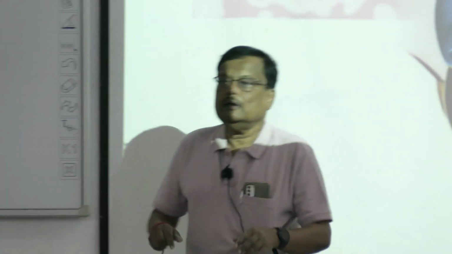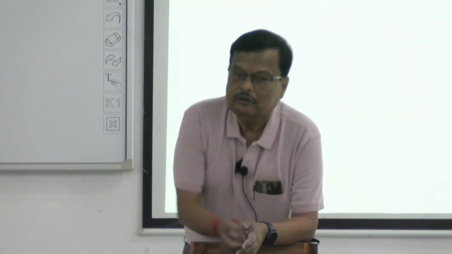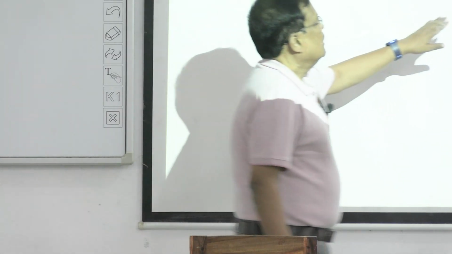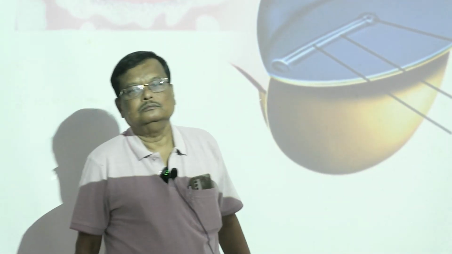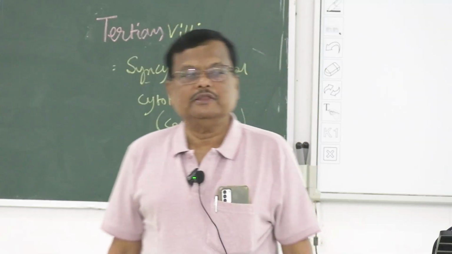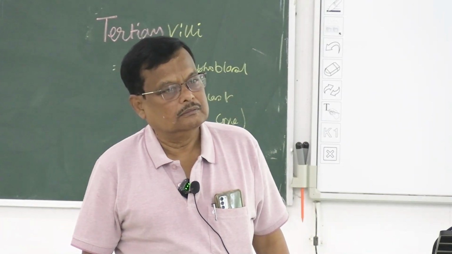Remaining epiblast cell, few epiblast cell form the endoderm. Few epiblast cell migrate to organized by the primitive streak become the mesoderm and the remaining epiblast cell ultimately form the ectoderm. So all the 3 layers in our body, ectoderm, mesoderm, endoderm, are all produced by the epiblast cell.